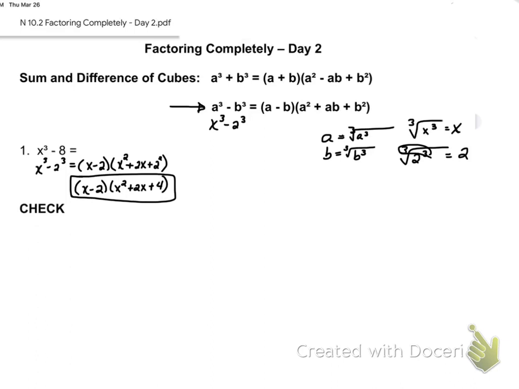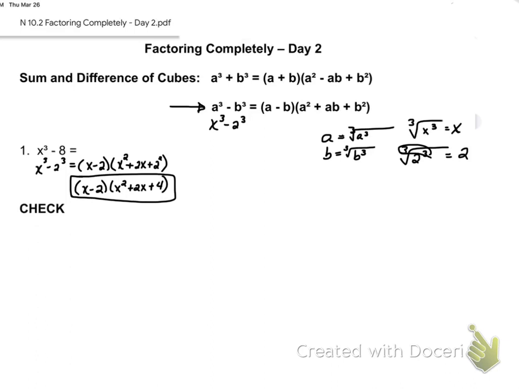Now, how do you check it? The way you check every one of these things is you multiply them back out to see if you get to your original problem. So let's go ahead and check this first one. Probably not going to check every single one of them, but we'll check the first one.